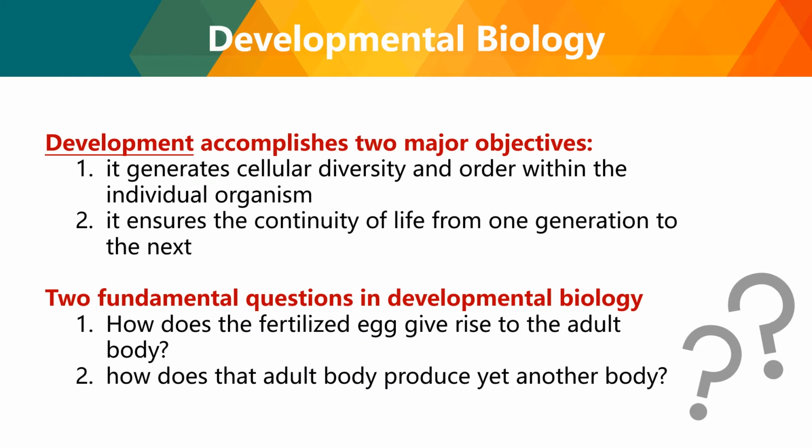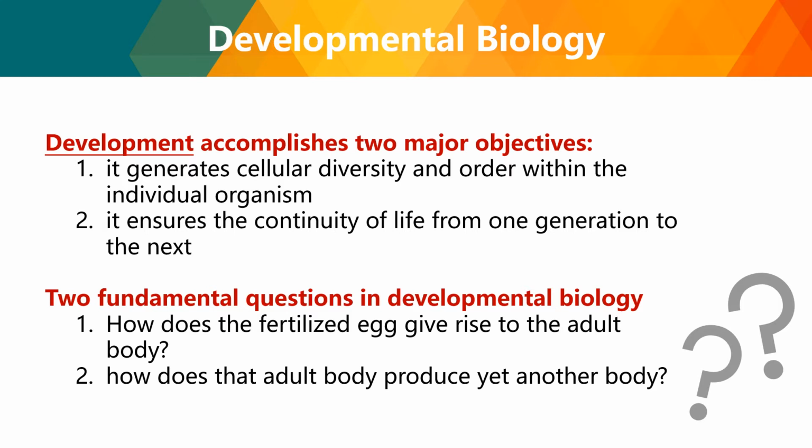So with development, it actually accomplishes two major objectives. The first one is to generate cellular diversity and order within an individual or organism, and it ensures the continuity of life from one generation to the next.